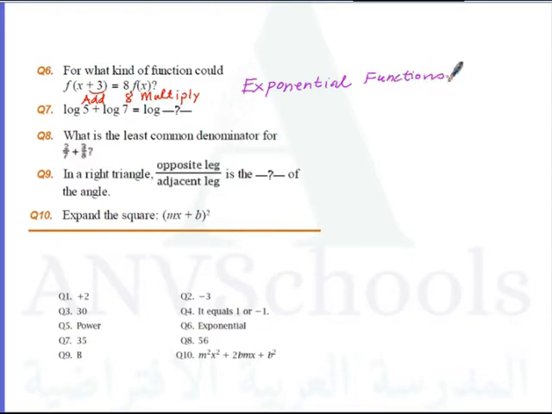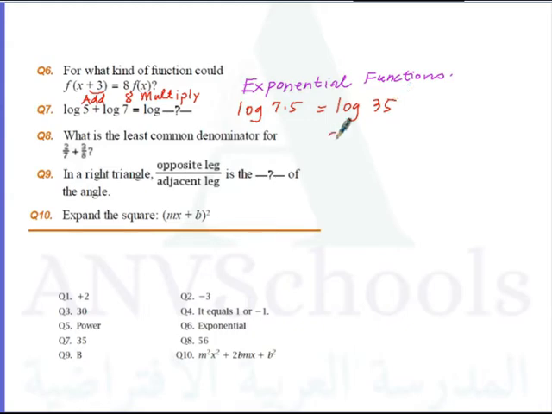Question number 7. This is a review of the last chapter. Log 5 plus log 7 is just log of 5 times 7, or 7 times 5. It's equal to log of 35. Question number 8. What is the least common denominator for 2/7 plus 3/8?